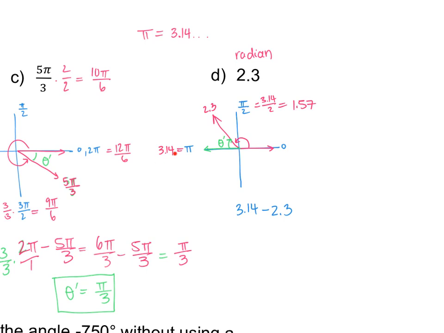So I'm taking 3.14 and subtracting this angle to figure out what is left over that will go here as my angle. So 3.14 minus 2.3 is 0.84. And that there is the angle in radians that is the reference angle.